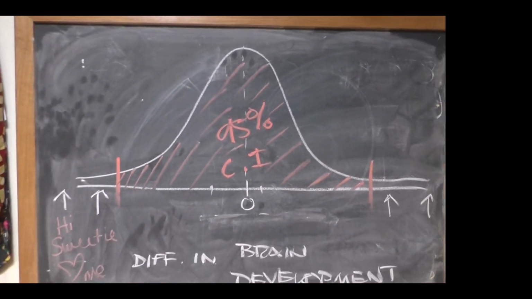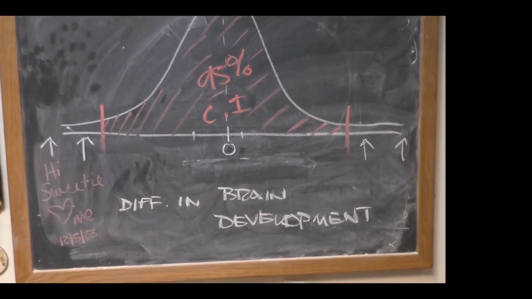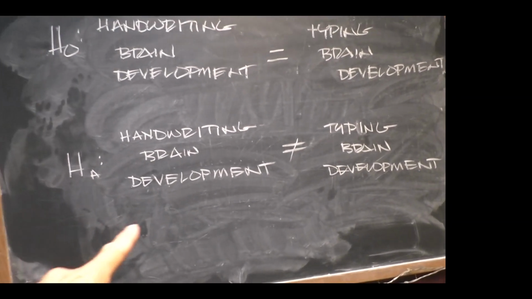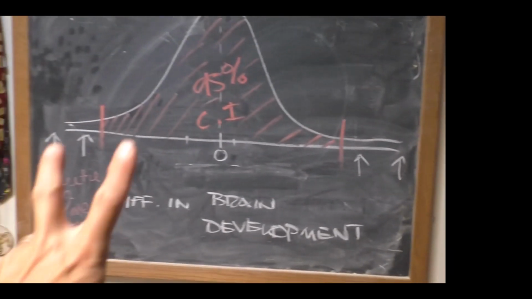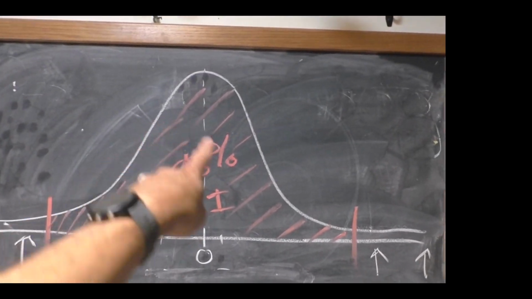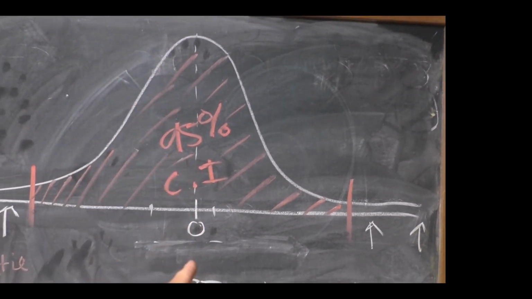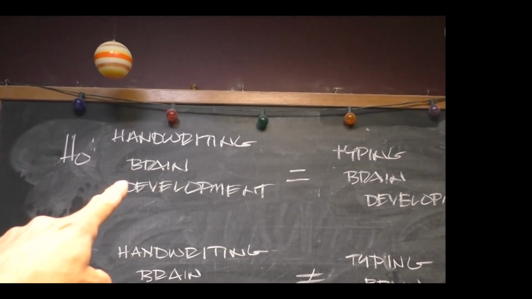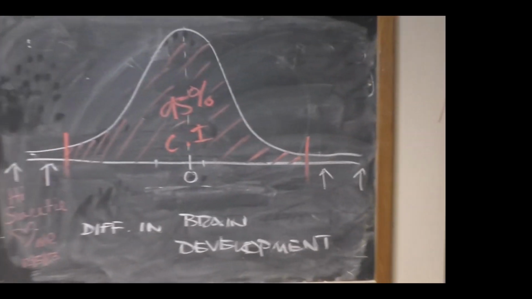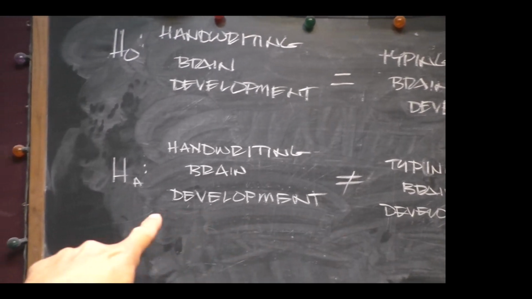And that's why the small p-value of less than 5% implies we should be believing the research hypothesis. Because if the p-value were large, that would have implied we landed in here. If we land close to average, that means we believe the null hypothesis. But if we land far away from average, that means we believe the research hypothesis.